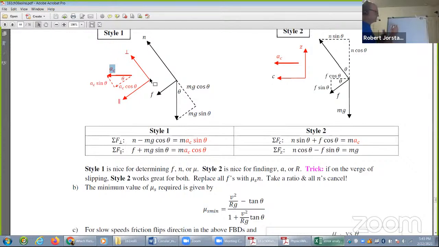So let me see here. We're doing F, and that is the parallel. I'm just writing these equations and we're going to play with them in a minute.